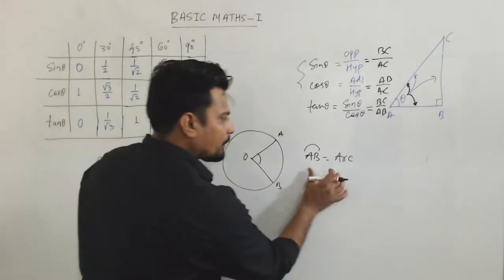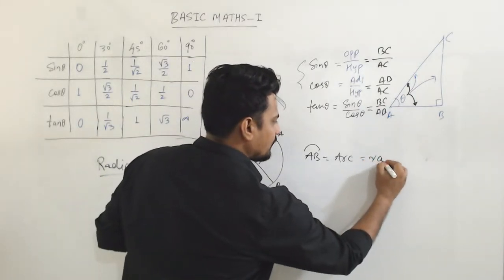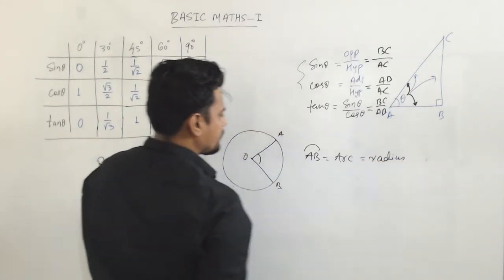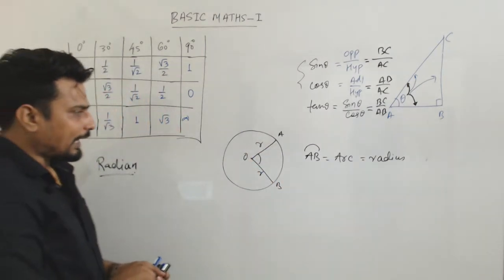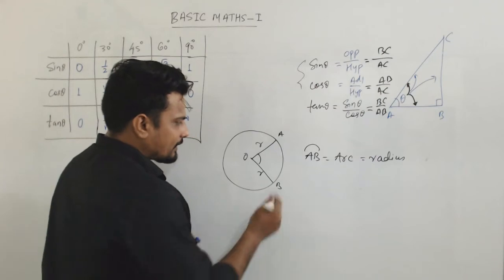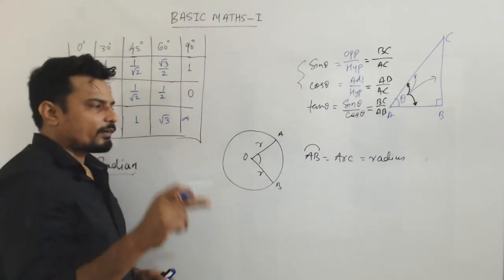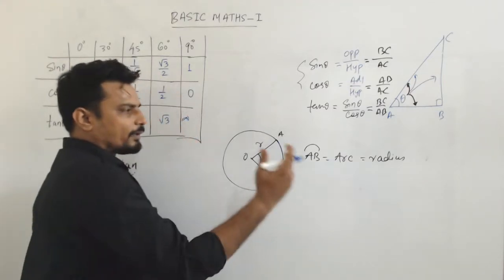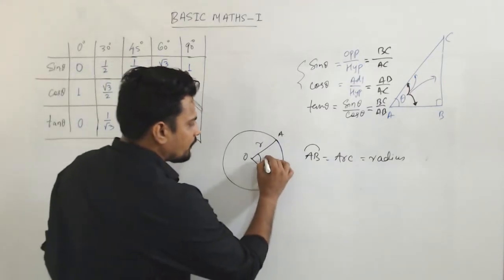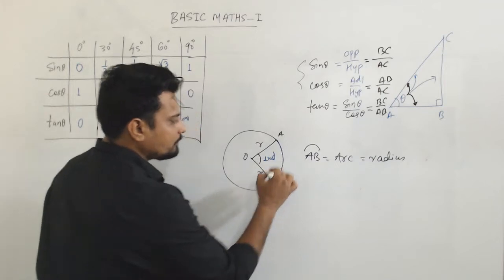If this arc becomes equal to the radius of the circle, let's suppose radius being R and R over here, then whatever angle is subtended at the center is going to be 1 radian. So if this arc AB is equal to the length of the radius of the circle, then this is going to be your 1 radian.